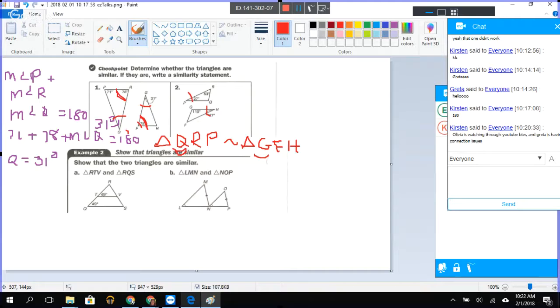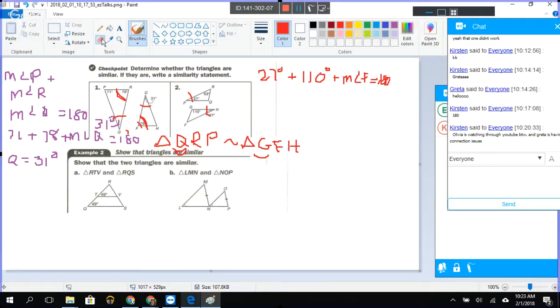So we have 27 degrees plus 110 degrees plus the measure of angle F equals 180. Let's make it a little bigger and nicer.